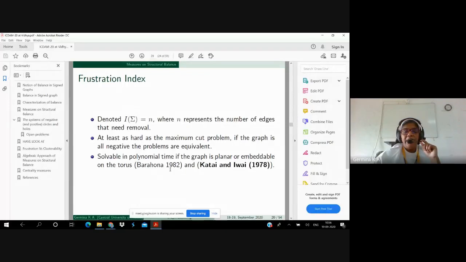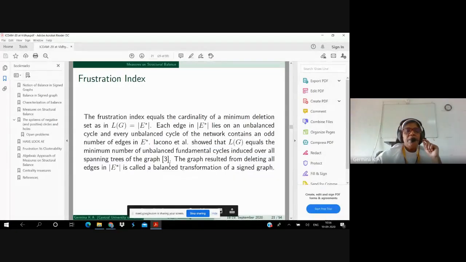This was proved in 1982 and 1978 respectively. The frustration index equals the cardinality of the minimum deletion set, that is, l of sigma equals the cardinality of E star. Each edge in E star lies in an unbalanced cycle, and every unbalanced cycle of the network contains an odd number of edges in E star.